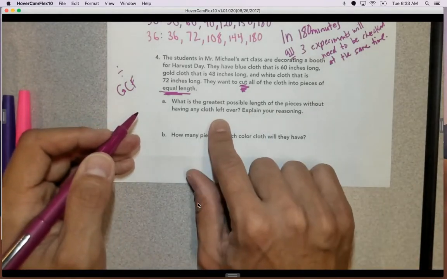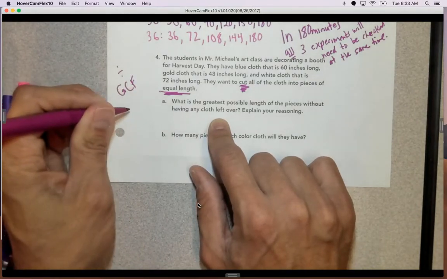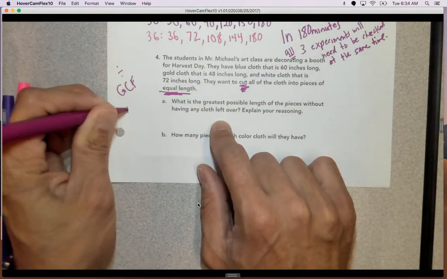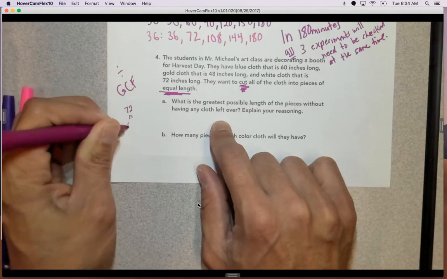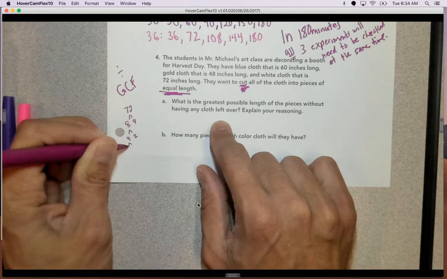All right. So I could list all the factors, or I could try to do the factor trees. 8 and 9, 4 and 2, 2 and 2. 9 can be broken down to 3 and 3.